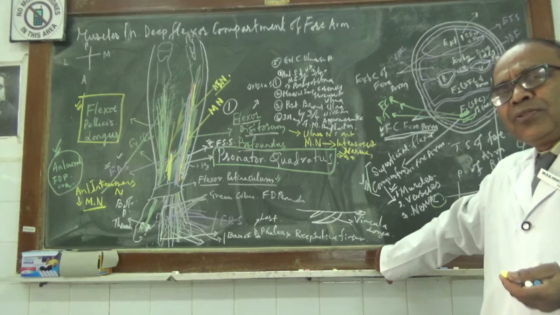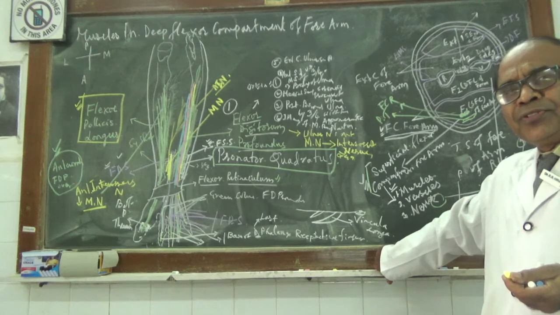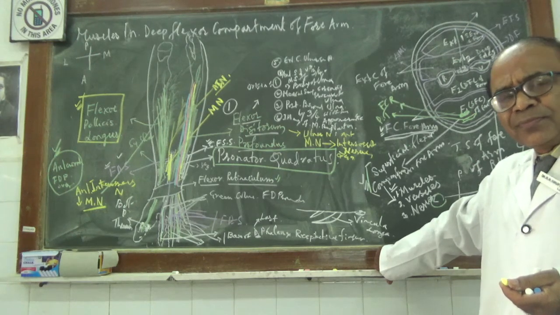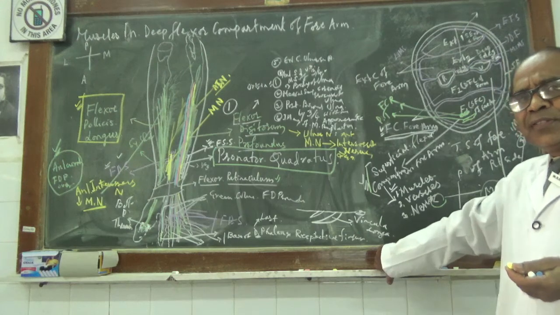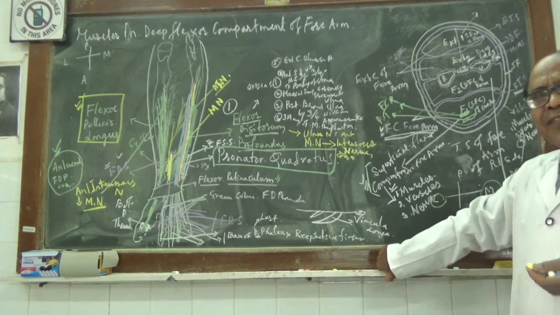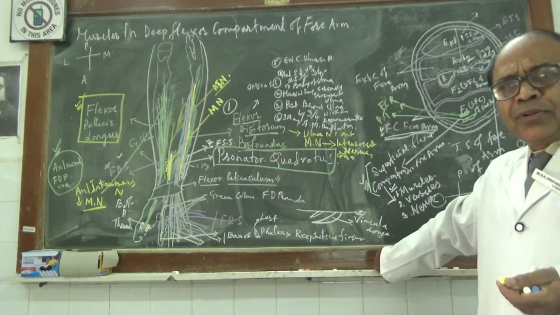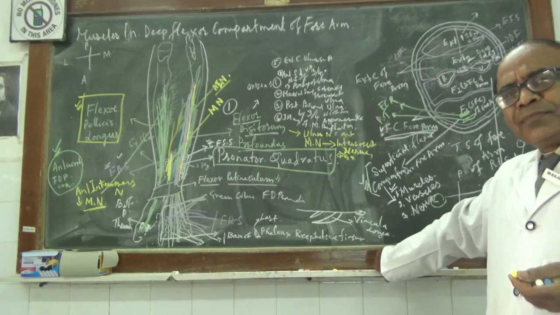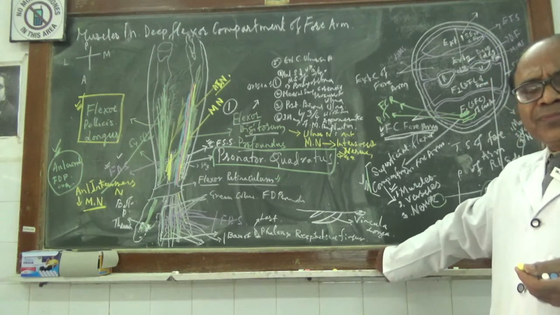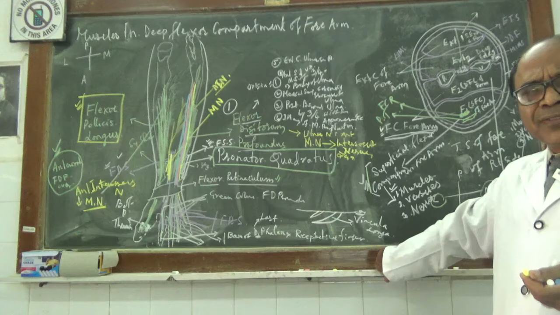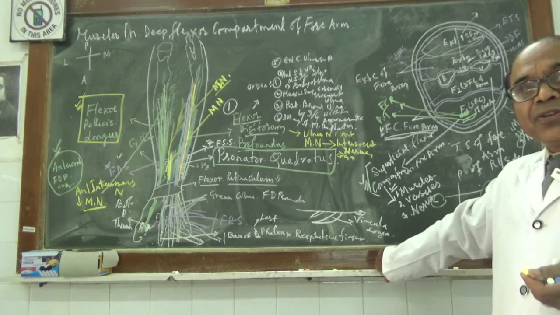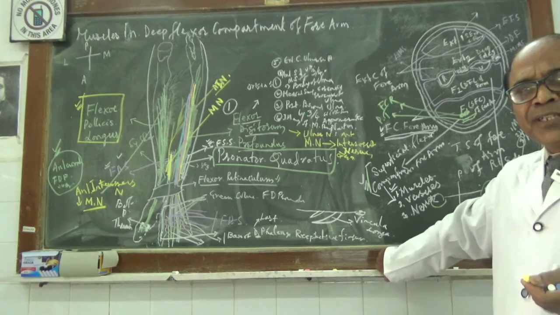Then coming to the muscles present in the deep compartment, such as flexor pollicis longus, then the flexor digitorum profundus, then the pronator quadratus, it is supplied by the anterior interosseous nerve derived from the median nerve.